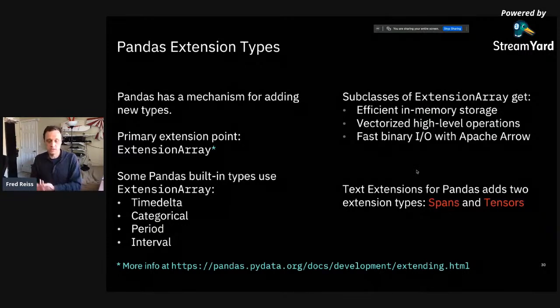You can have all the Pandas vectorized high-level operations work on your extension type and be fast. And you can also implement fast binary I/O by leveraging Apache Arrow, so you can take a data frame in your type and write it out as a Parquet file and then read it back in, even though it has a user-defined extension type. And we've used this mechanism to add extension types to Pandas to cover two very important types of data for natural language processing: spans, which represent regions of a document, and tensors, which are multidimensional arrays and are very commonly used in the modern models for doing natural language processing tasks.